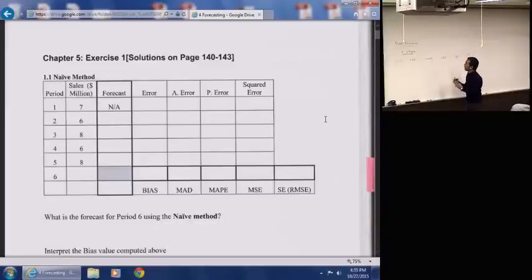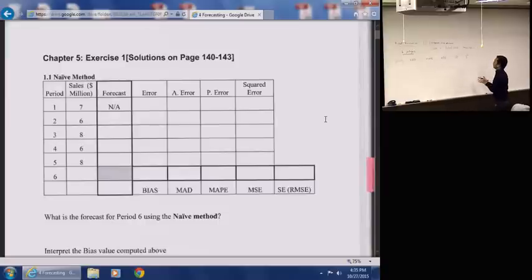So in class we talked about bias. But before we compute bias, MAD, or whatnot, the first thing we have to do is compute the errors. Intuitively, error equals actual value minus the prediction.